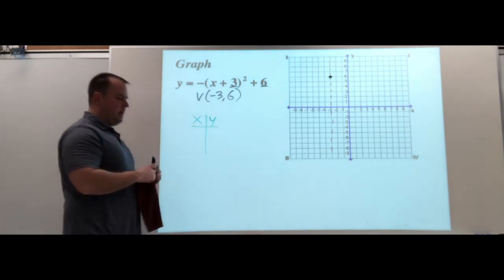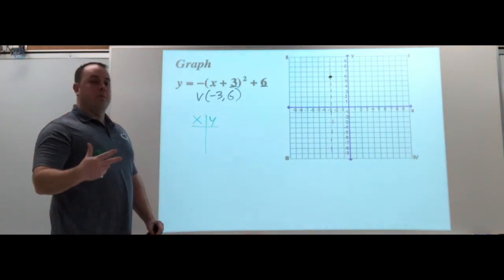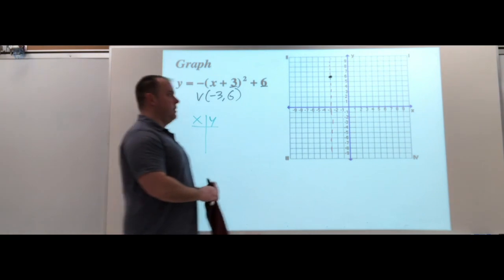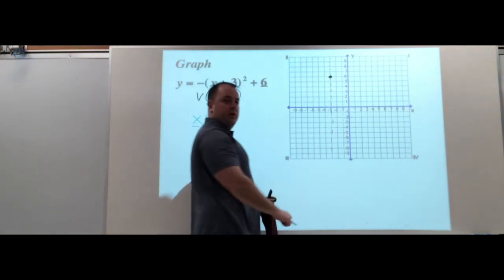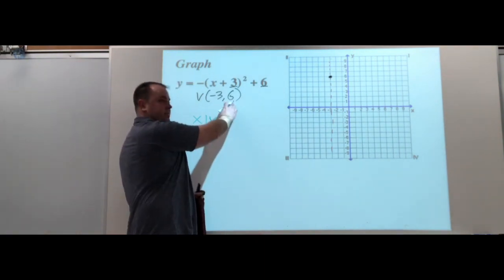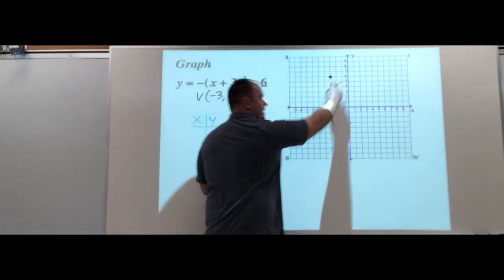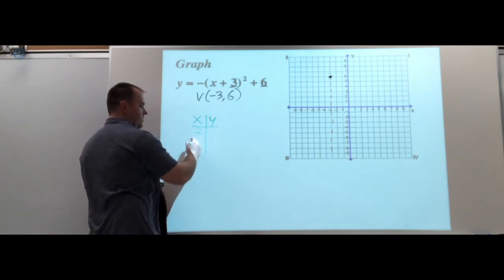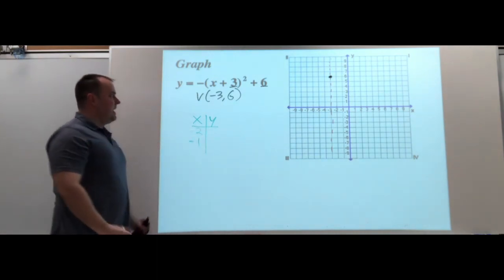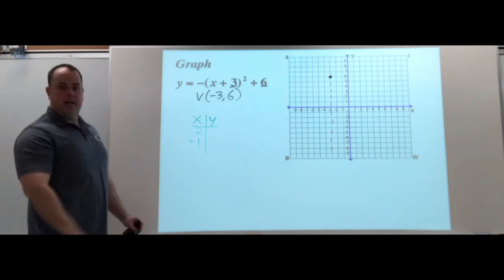Now, last time I told you to pick points close to the vertex. I always am in the habit of going to my vertex and 2 points to the right. So since we're at -3, 6, -2 and -1 are going right to that right-hand side. Now we just need to take the time, plug in, and simplify.